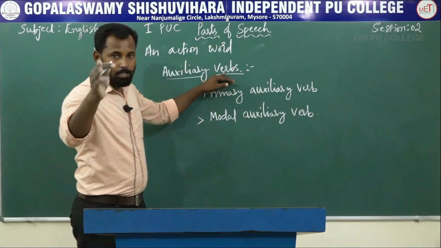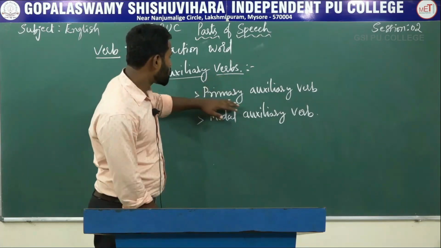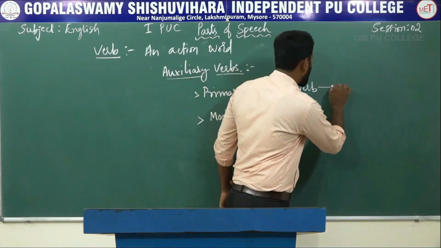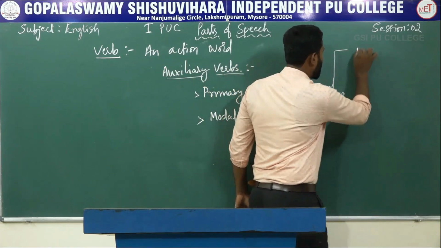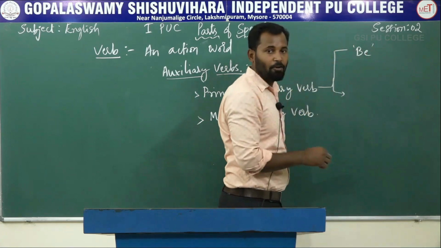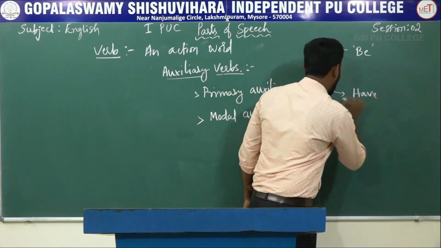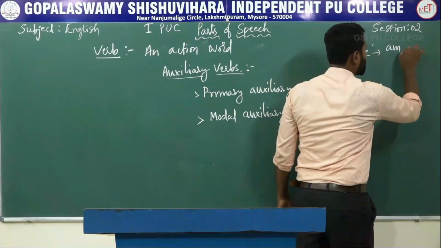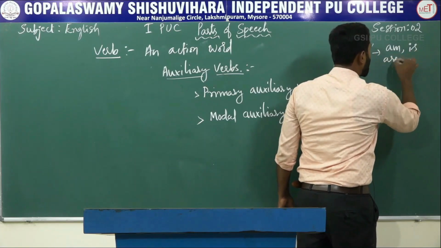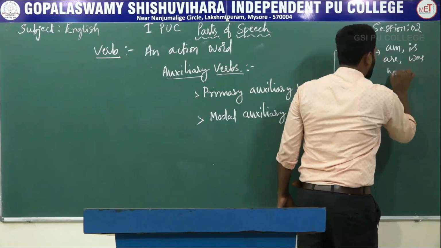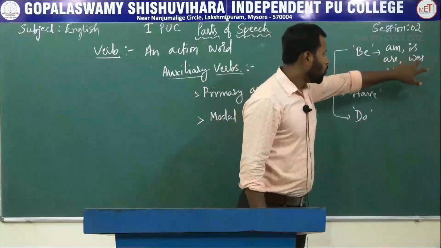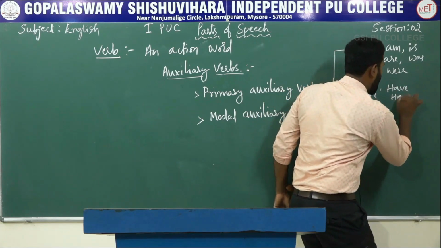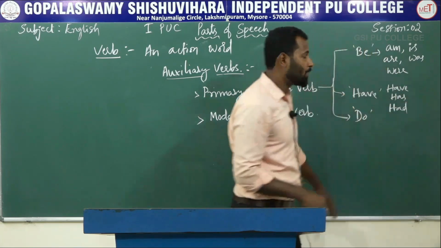So auxiliary verb also known as helping verbs. The first one is primary auxiliary verb. So these primary auxiliary verbs come under the forms of be, have and do. So under be you have am, is, are, was and were. So am, is, are, was and were come under be, and have, has and had come under have.